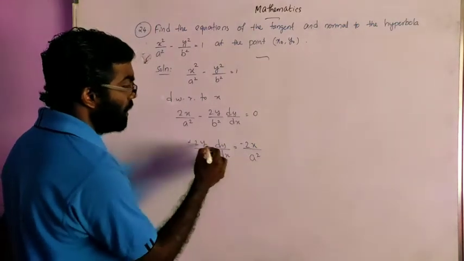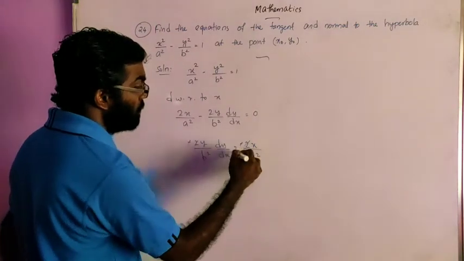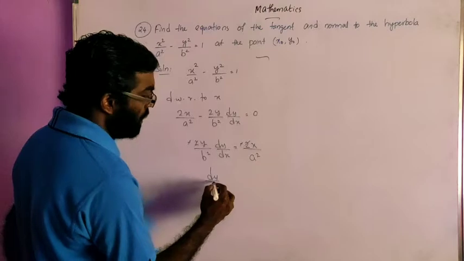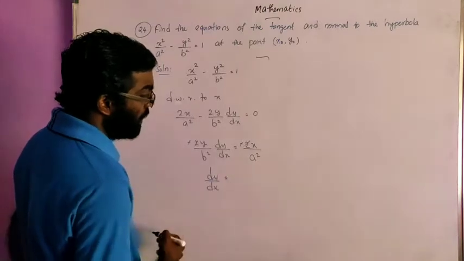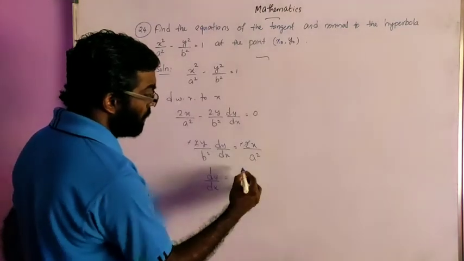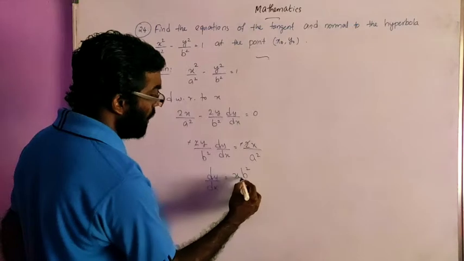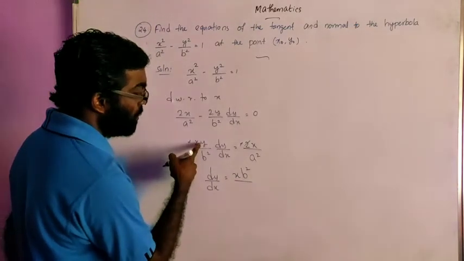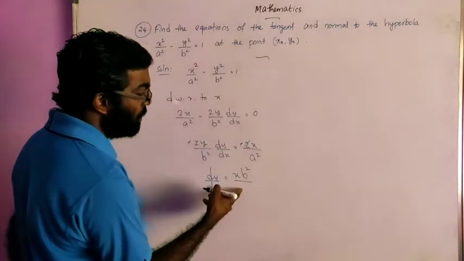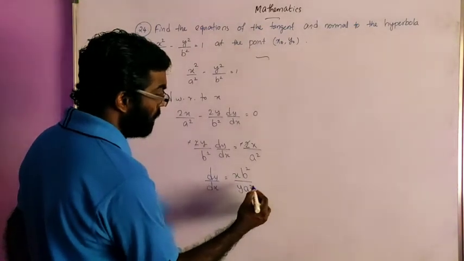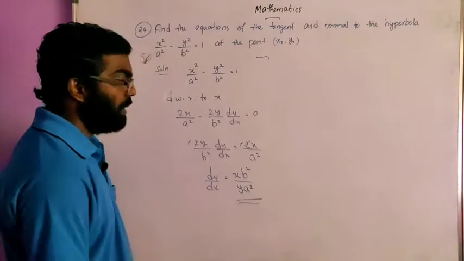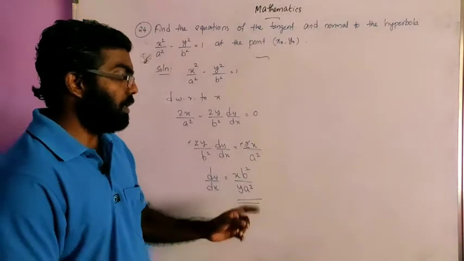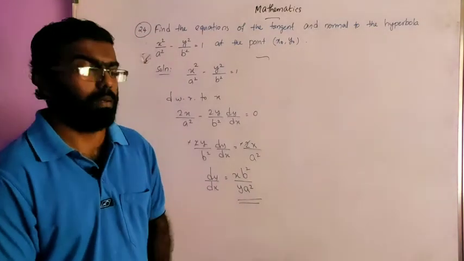You can cancel the minus sign and minus sign, 2 and 2. Or dy by dx is equal to, this b square we can cross multiply. So x b square, and since y is on the numerator, it comes on the denominator, y a square. So dy by dx is equal to x b square divided by y a square.